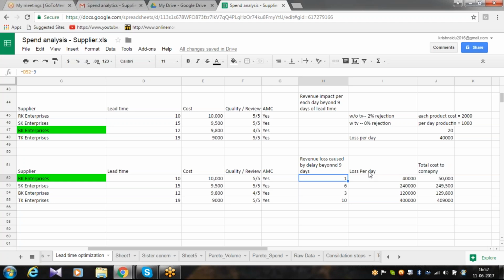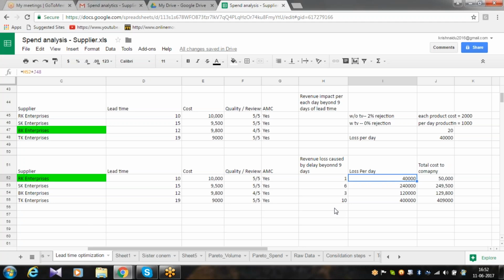That is what I'm trying to explain here by using a metric. In real time, you will have metrics. If I get the order late by 15 days, what will happen to my customer order? What is the order value?